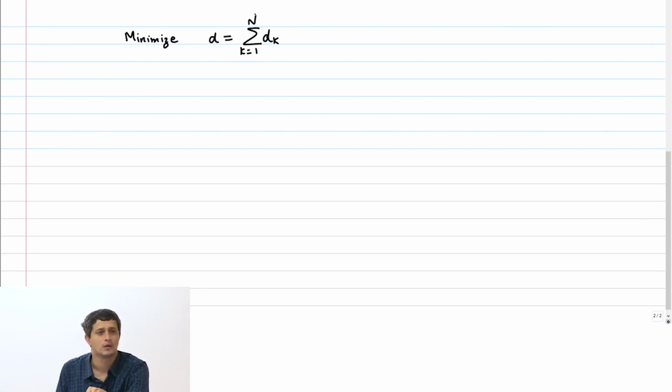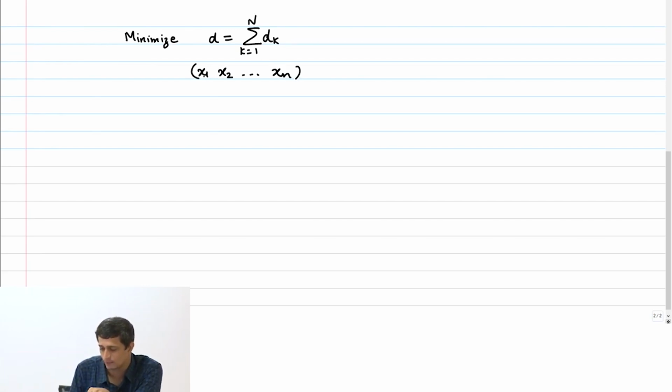I want to minimize this, and my variables are x1, x2, up to xn. Actually xn and x0 are fixed. I have to find the other n minus 1 variables in between. Okay. So now let's go ahead and solve this problem.